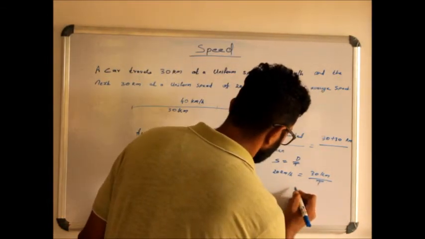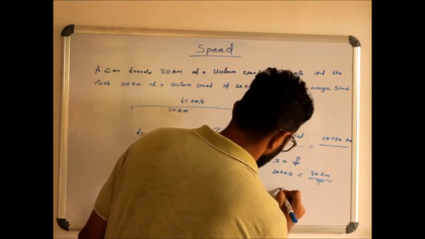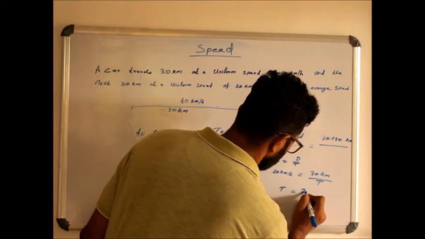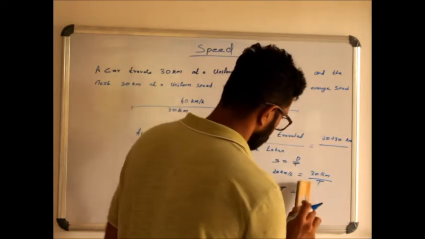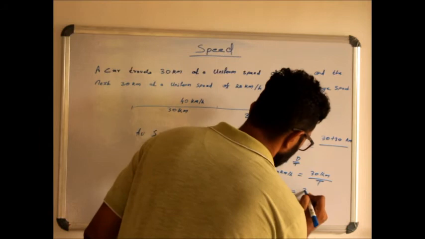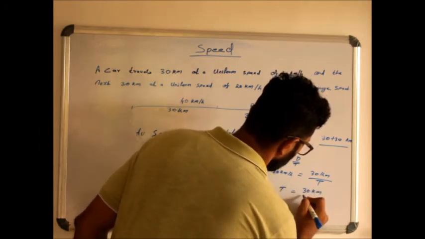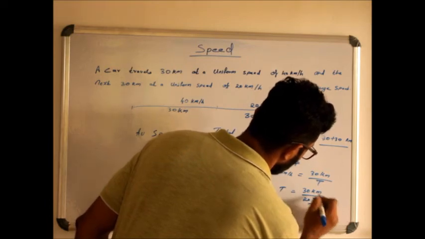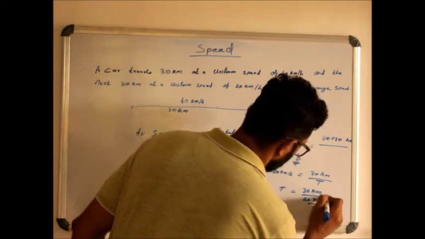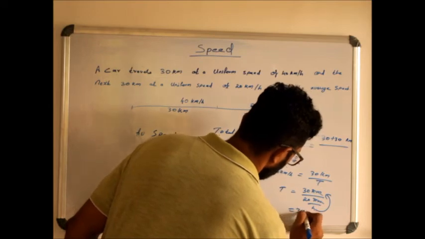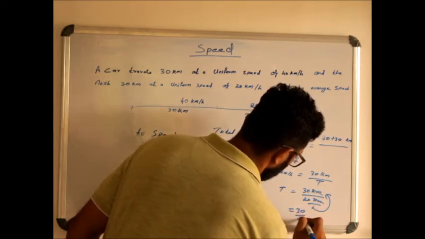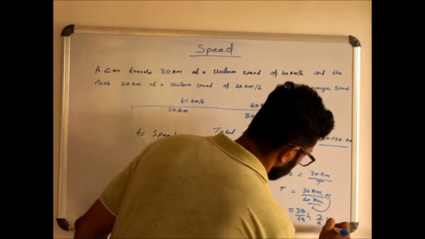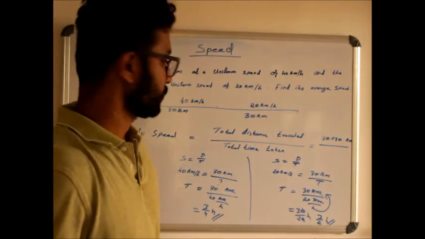So time is equal to 30 kilometer divided by 20 kilometer per hour, the kilometer per hour is cancelled, so this will be 30 by 20, which is 3 by 2 hours.